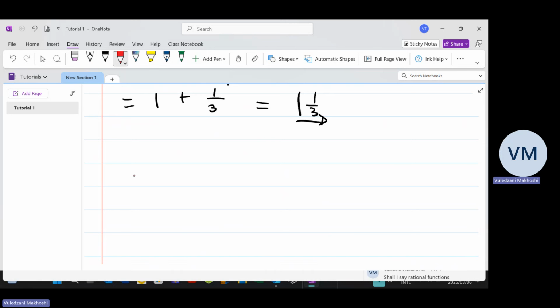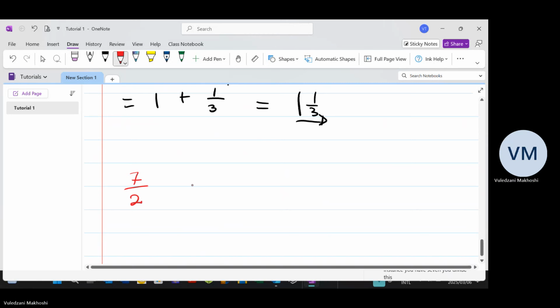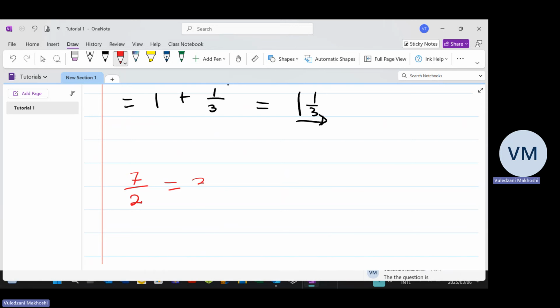Or if you remember, let us use, for instance, numbers, integers. So if, say, for instance, you have 7, you divide this by 2, what do you get? The quotient is 3 plus the remainder, which is 1 over 2, like that.